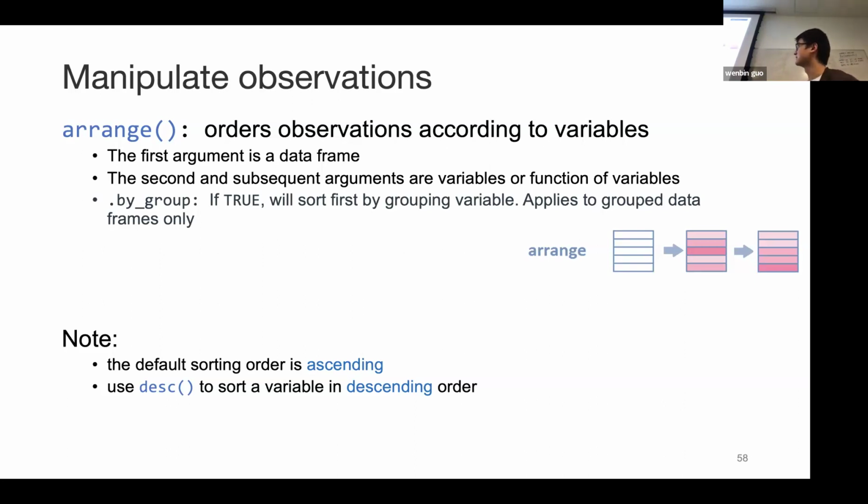You can use a function of variables to do that, like desc with age as the argument inside, so it will sort in descending order. Then there is another option, by group. If it is true, it will first group the observations into different small groups, and within each group, it will do the sorting or arranging.